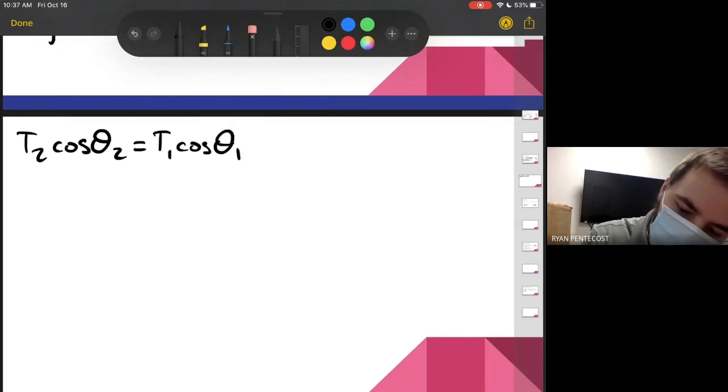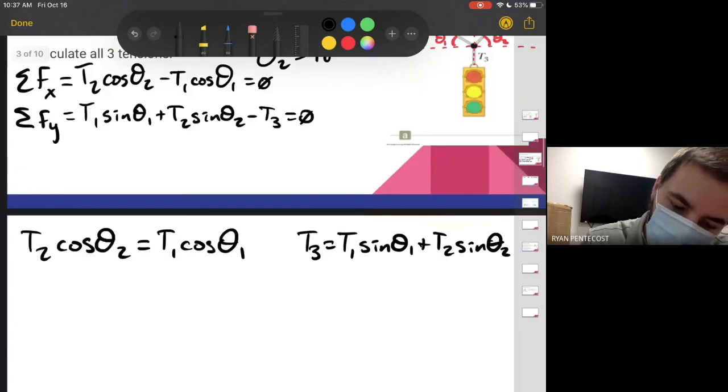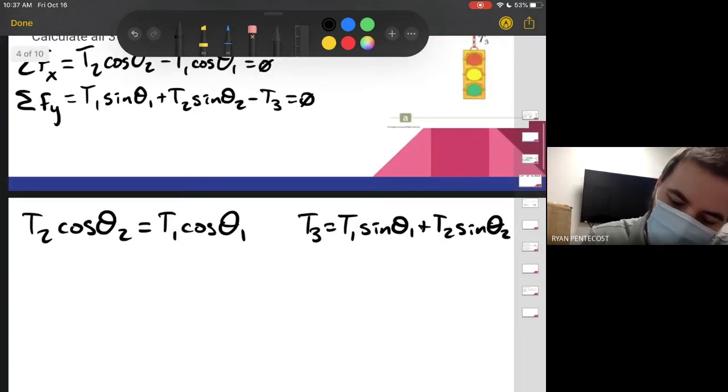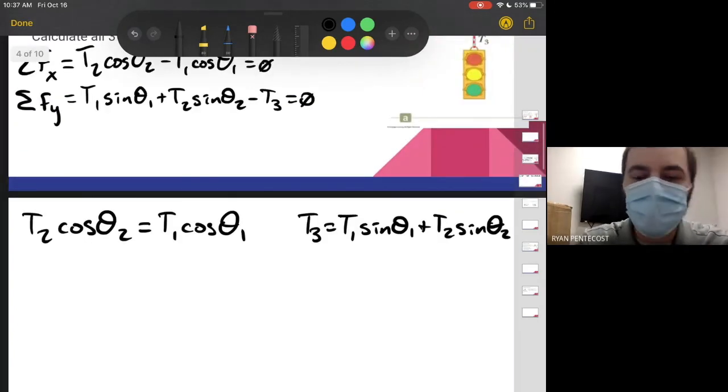Then the other equation, we have T3 equals T1 sine theta 1 plus T2 sine theta 2. Let's double check. And that is right. So we have two equations, two unknowns. T1 is unknown, T2 is unknown.